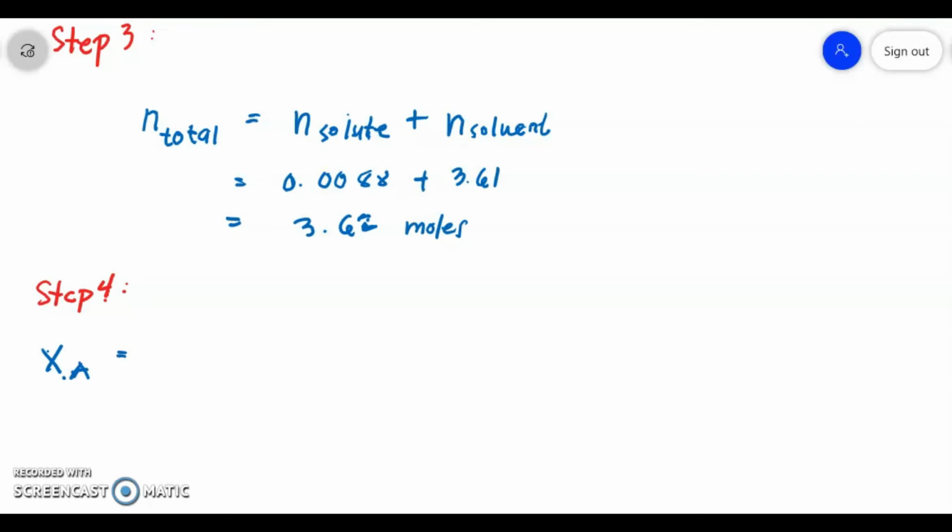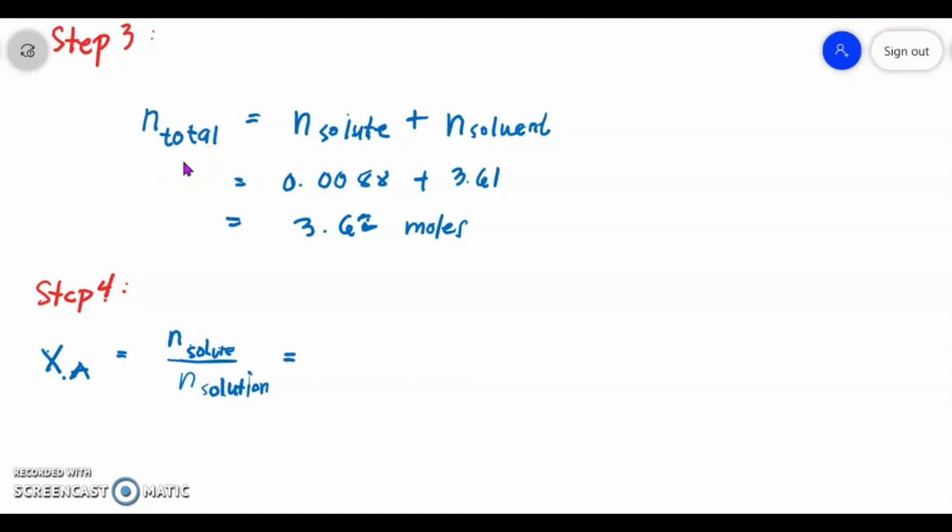This N total can be written as the total number of moles in a solution, since the solution is equal to solute plus solvent.